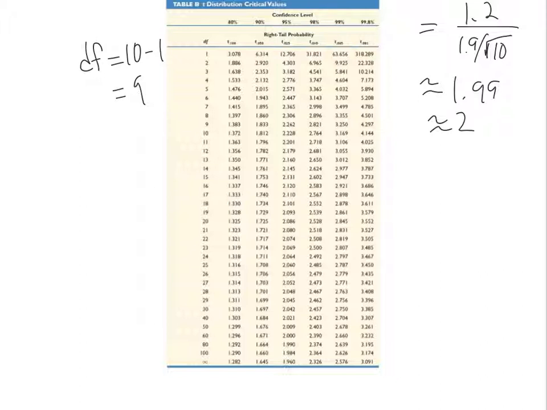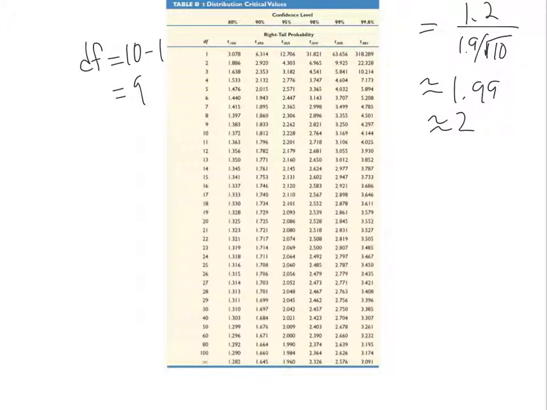Now our alpha value was 0.05, which is the same as 5%, which means our confidence level is 100% minus 5%, which is 95%. Basically what we're going to be doing here is we're looking at our value from this, and if our test statistic has an absolute value greater than that value, then it is statistically significant.